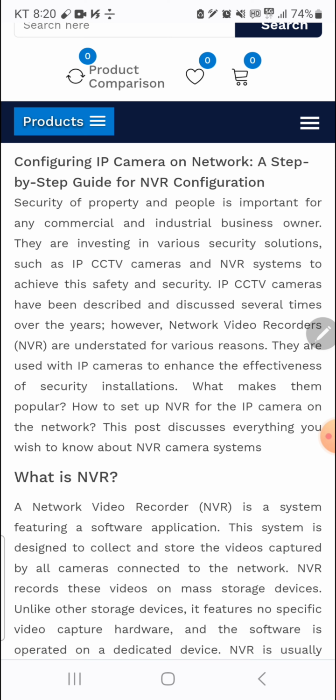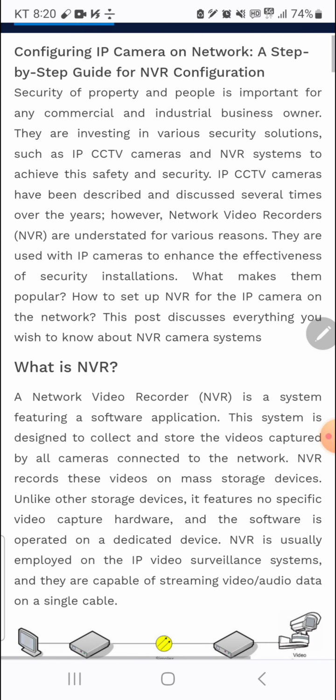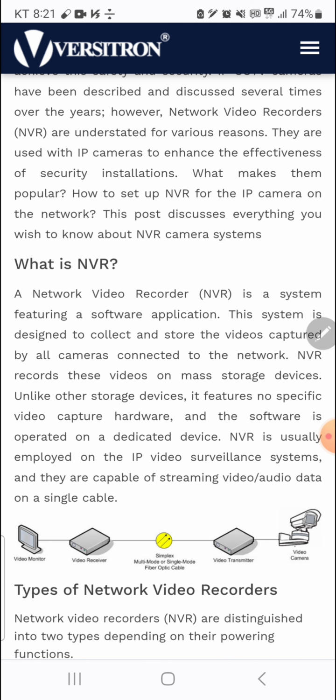IP CCTV cameras have been described and discussed several times over the years. However, network video recorders (NVR) are understated for various reasons. They are used with IP cameras to enhance the effectiveness of security installations. What makes them popular? How to set up NVR for the IP camera on the network. This post discusses everything you wish to know about NVR camera systems.